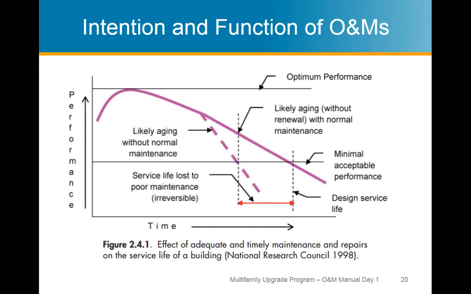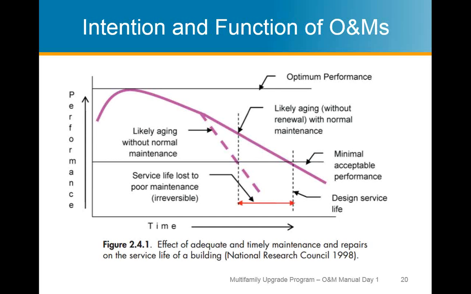So when you look at this chart and you see that the purple line is intersecting the minimal acceptable performance line, so the middle black line, that is not a set date in the future. That's not December 1st, 2025. That is the date that is defined by our equipment failing to meet its performance expectations. And for argument's sake, that is directly tied to our level of engagement and the robustness of our O&M manual.